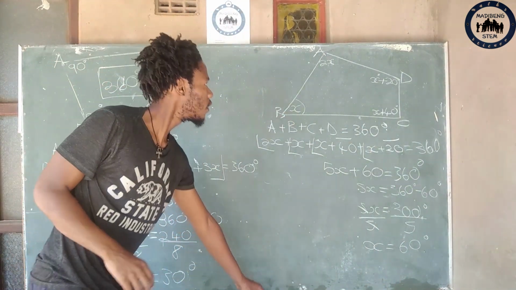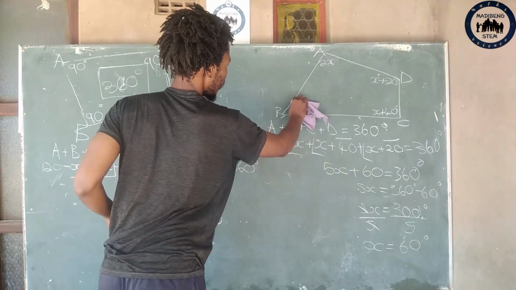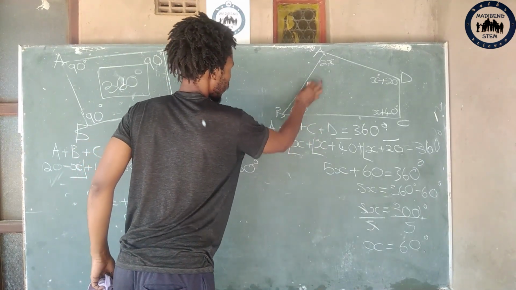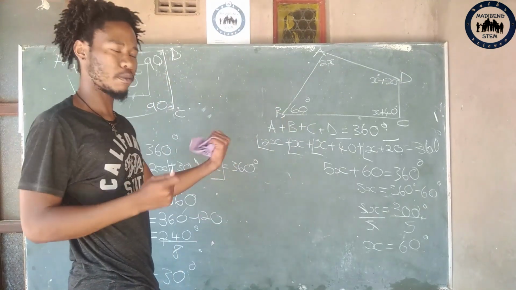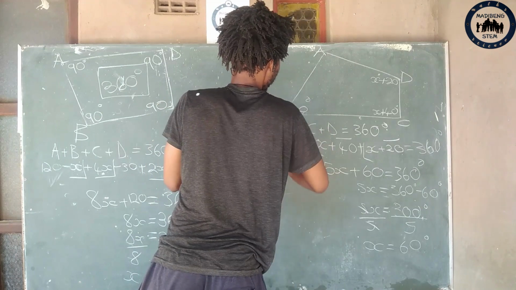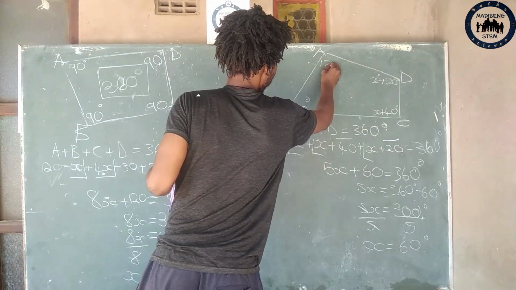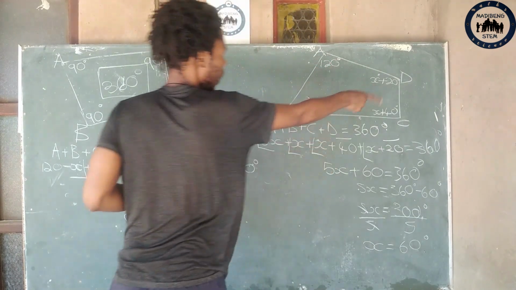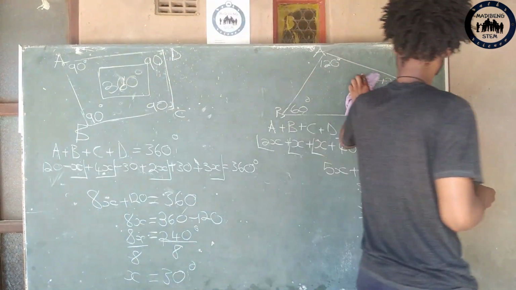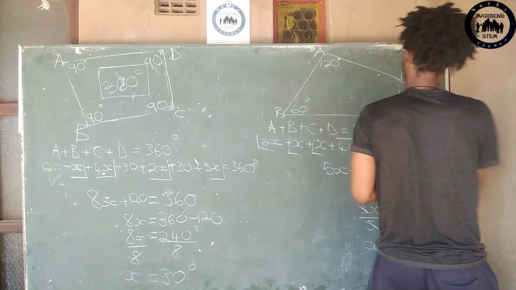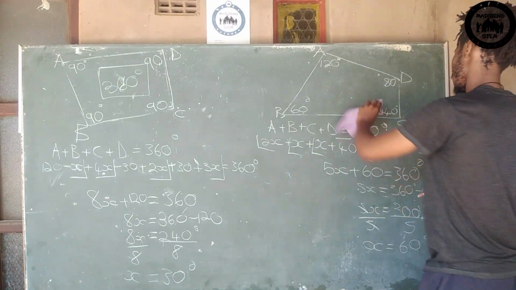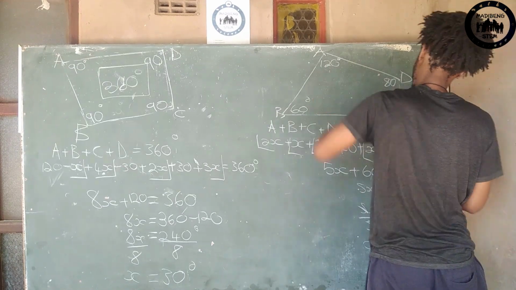So now, what is here? x is 60. 2x, 60 times 2, is 120 here. x plus 20, 60 plus 20 is 80. 60 plus 40 is 100.